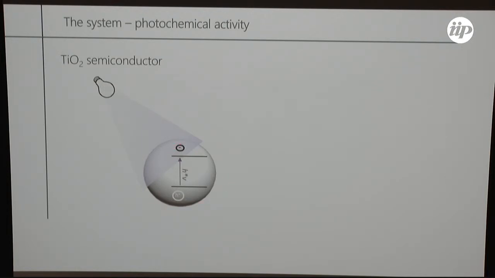And if we have this reactive pair of particles, then we can create chemical reactions. And if we just use, as before, hydrogen peroxide, then we can degrade it into water and oxygen, just as before.